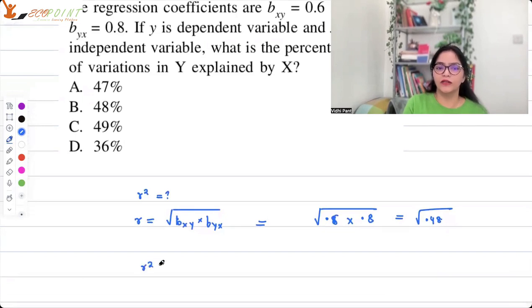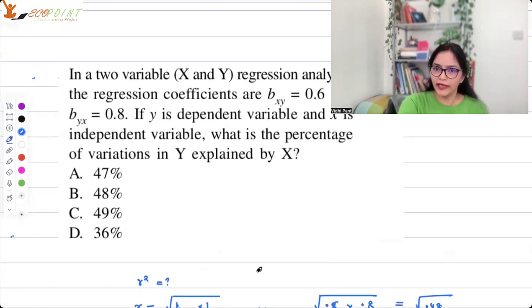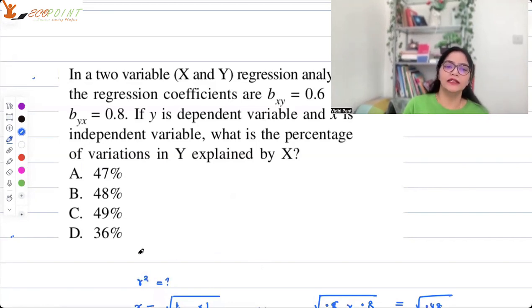So therefore, r square is equal to 0.48, that is 48%. So what we can say, the percentage of variation in y, the dependent variable, explained by the independent variable, which is basically represented by the coefficient r square, is equal to 48%.